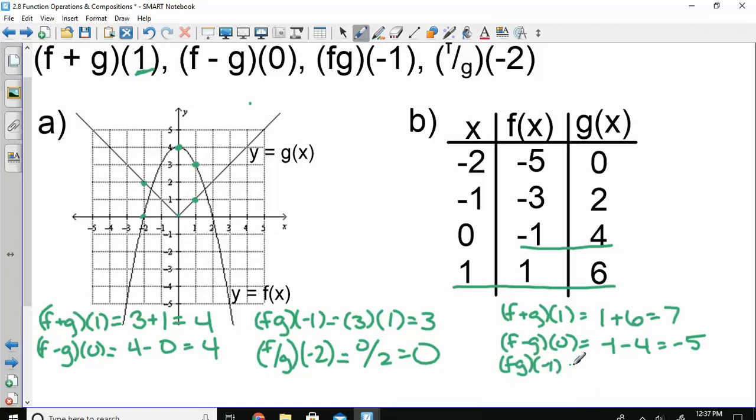F times g of negative 1. So f is negative 3, g is 2, and you get negative 6. F divided by g of negative 2. So f is negative 5 divided by 0, which is just no solution. You can't divide by 0.